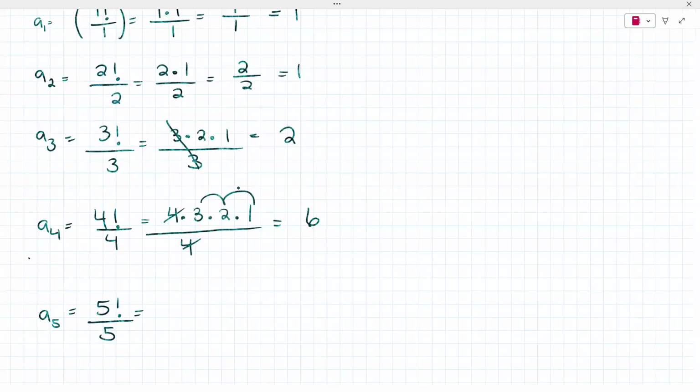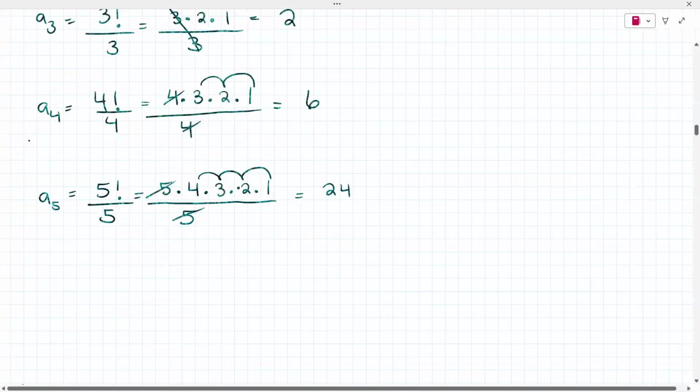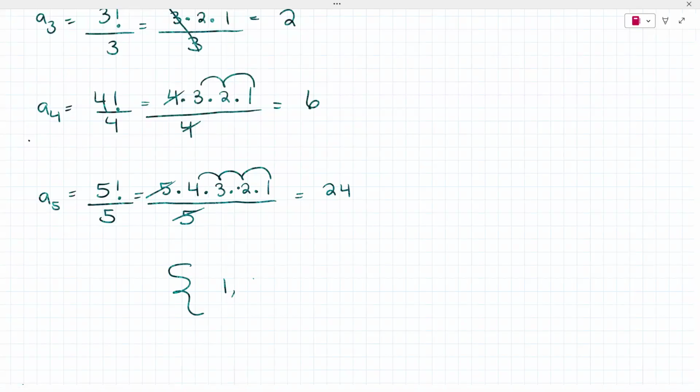So 5 factorial is 5 times 4 times 3 times 2 times 1 all over 5. Do you see something that cancels? Yes, the 5's. And then when you put it all together, what's 4 times 3 times 2 times 1? That is 24. Okay, and then you can put your final answer in a bracket like this. Our first term is 1, our second term is 1, our third term is 2, my fourth term is 6, and my last term is 24.